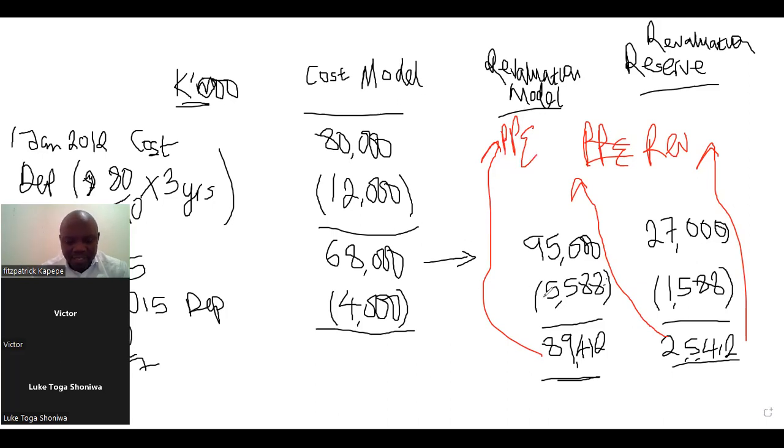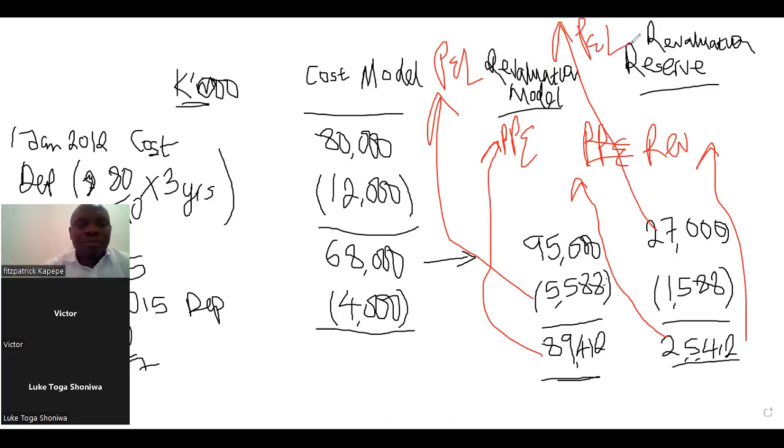Then this depreciation here will be in the profit and loss account, P&L. Even this 27 will sit under P&L. That is how you complete your journal.